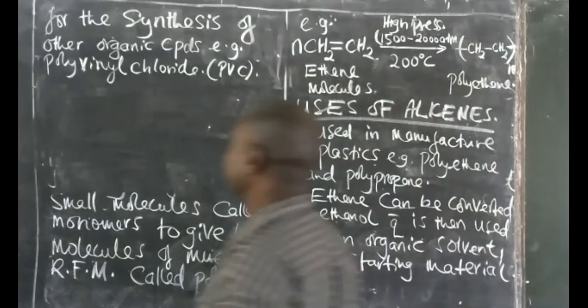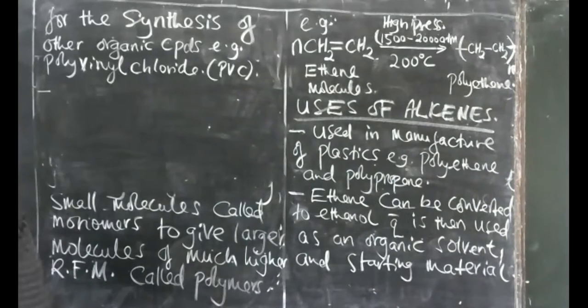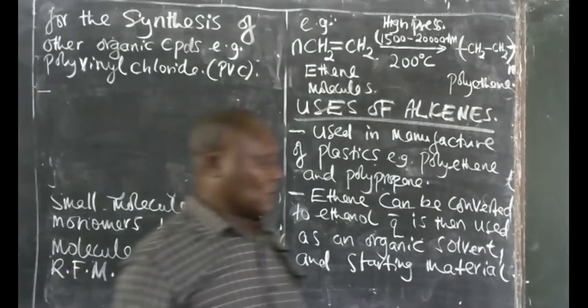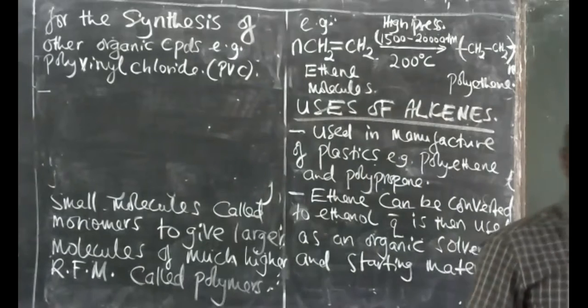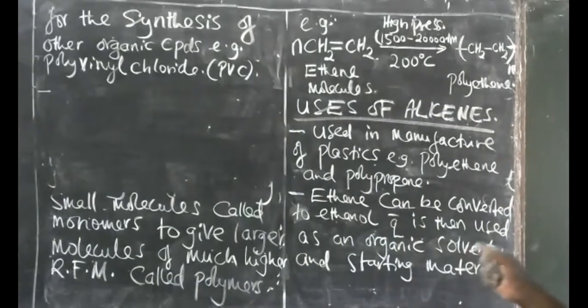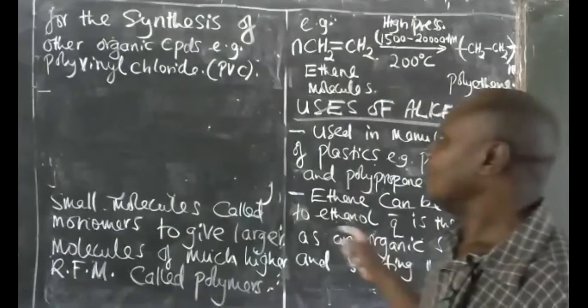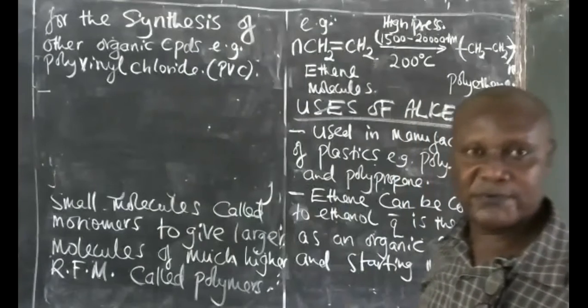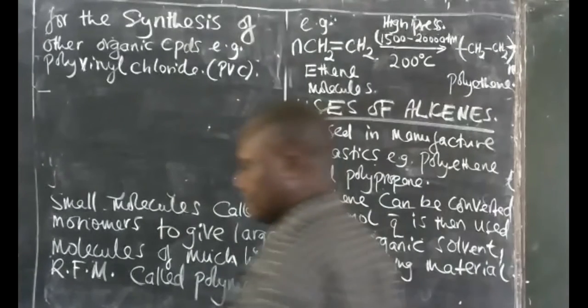And also, it can be changed to epoxyethane. Ethene can be converted to epoxyethane, which is used in manufacture of detergents.